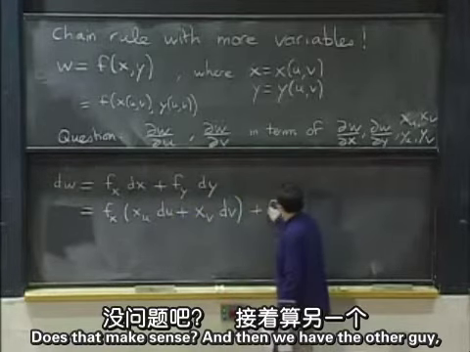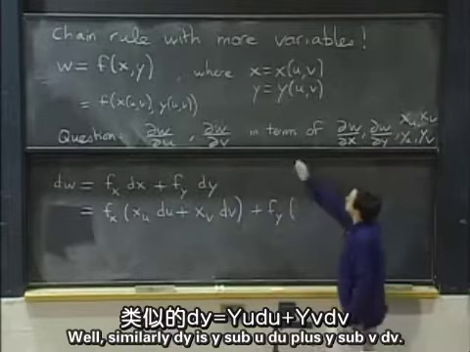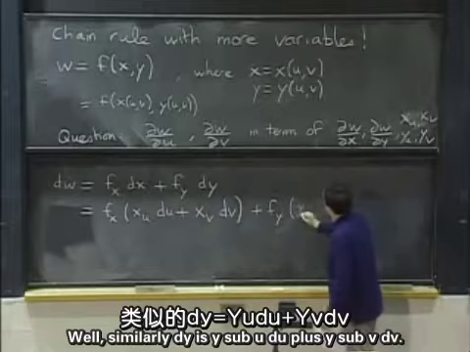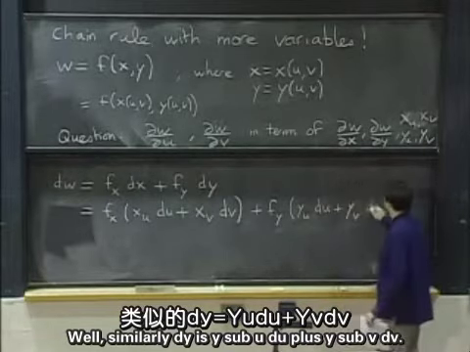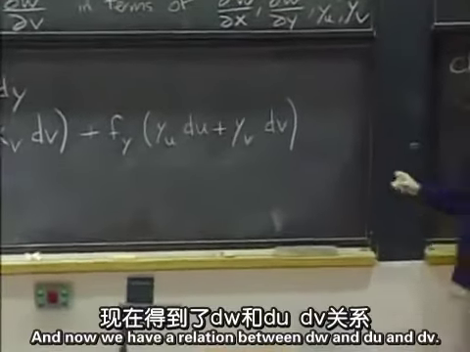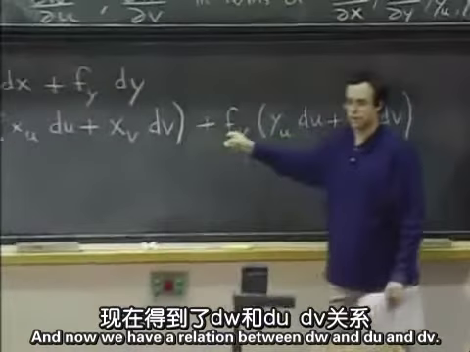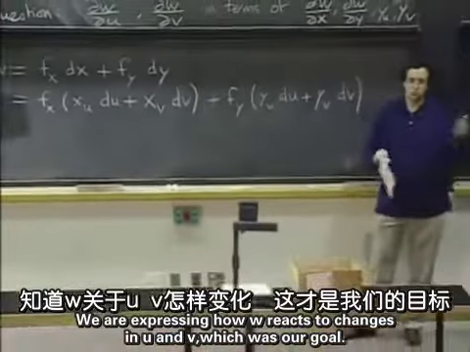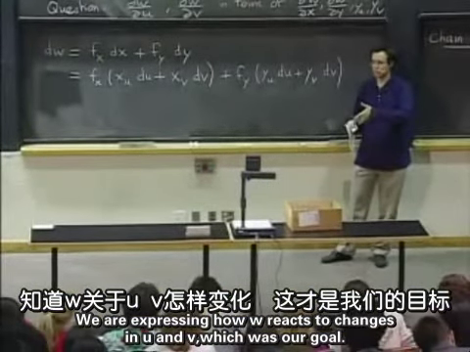And then we have the other guy, f sub y, times what is dy? Well, similarly, dy is y sub u du plus y sub v dv. And now we have a relation between dw and du and dv. We are expressing how w reacts to changes in u and v, which was our goal.